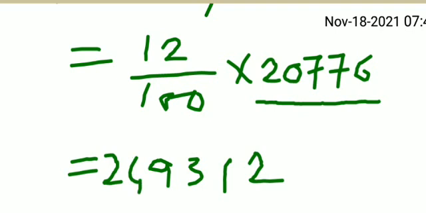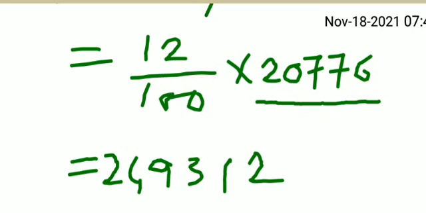So 249312. Look at here, 12 6s is 72, carry 7, 12 7s is 84 and 7 is 91, carry 9, 12 7s is again 84, 84 plus 9 is 93.